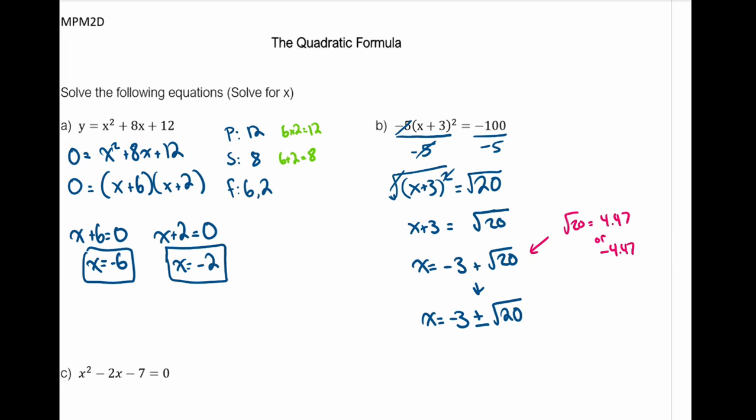Basically the square root of 20 is saying that it'd be 4.47 squared, but it could also be negative 4.47 squared. So we do get two answers here: x equals negative 3 plus or minus the square root of 20. This is another situation where you have to find your two roots as well.